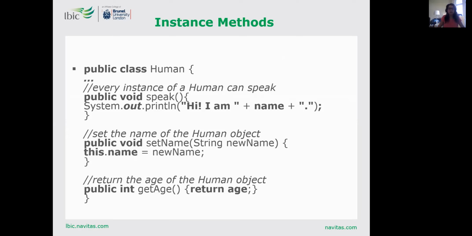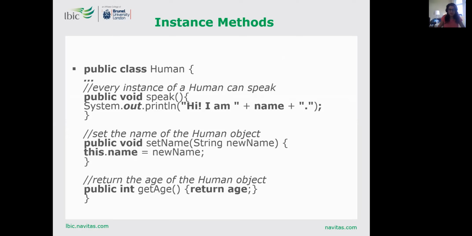It's public, can be accessible from anywhere within the Java program, and is void, meaning no return. When you do not have any return syntax and object, then you're gonna have a void function or method.